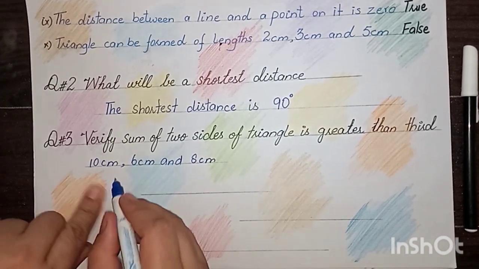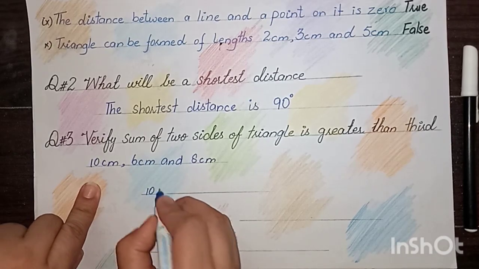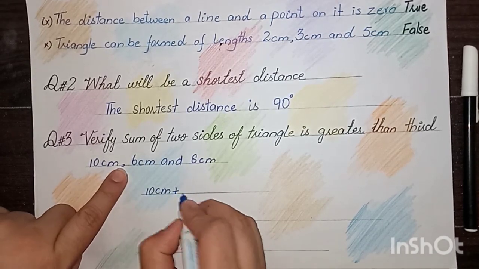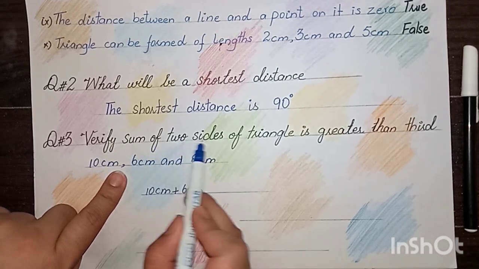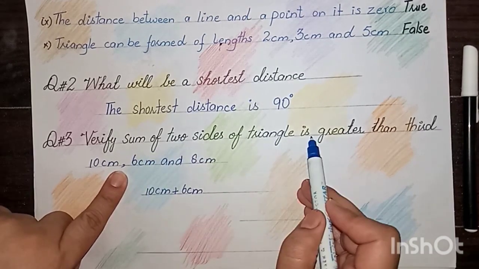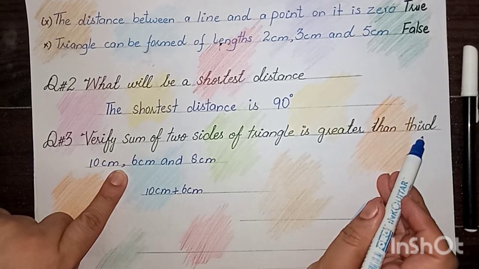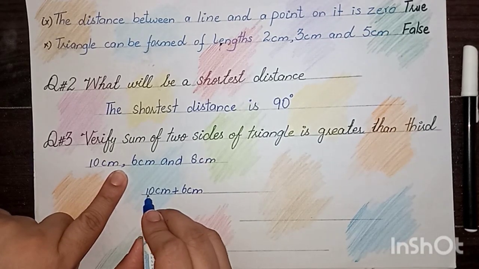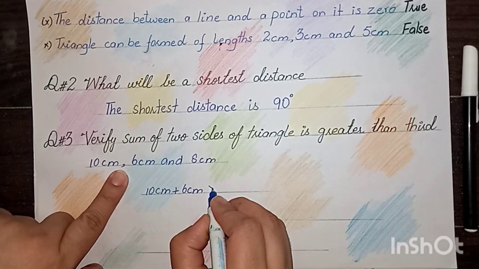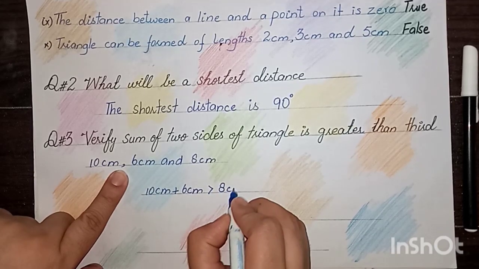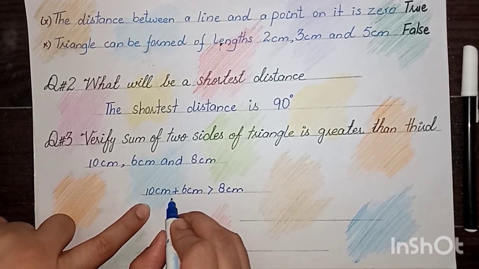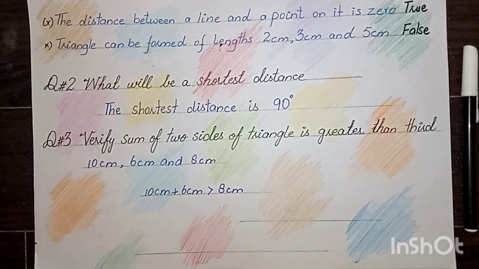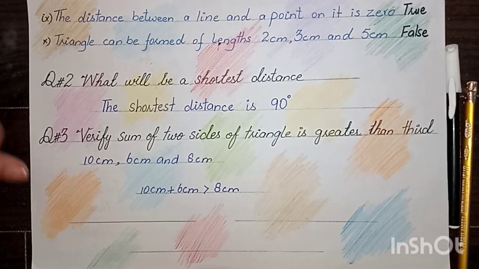So first of all, 10 centimeter plus 6 centimeter, because we have to verify that the sum of two sides of a triangle is greater than the third. So the sum of 10 plus 6 is greater than 8 centimeter, because 10 plus 6 is equal to 16. 16 centimeter is greater than 8 centimeter.